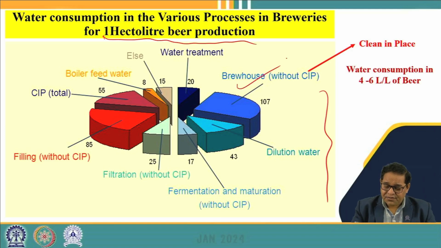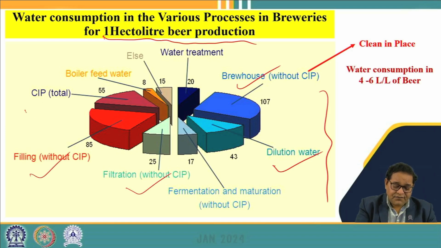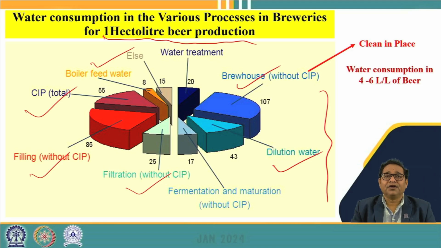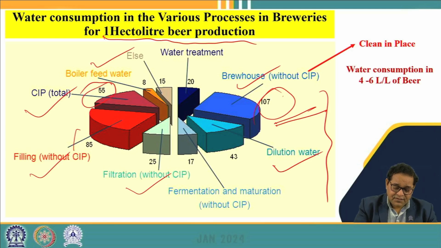These are the brewing section, then the dilution water that is required, filtration water, water for filling, water for cleaning, and boiler feed water. The largest fraction of the water is used in the brewing section, and a lot of water is also used in filling and CIP, that is cleaning in place. These are the different operations that require water.